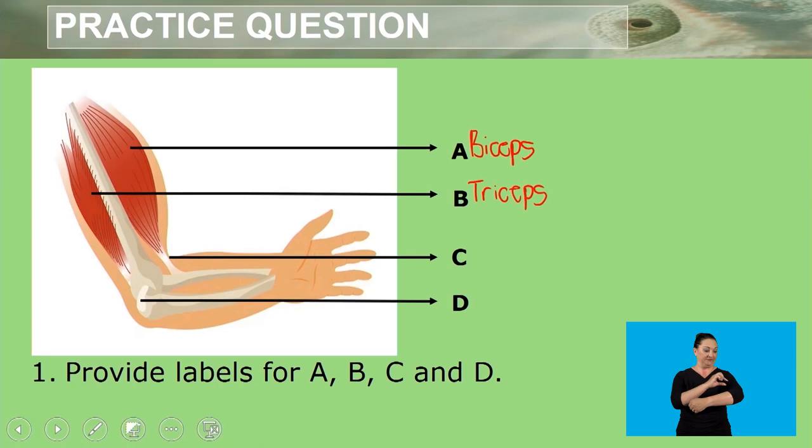C is a cord that connects the muscles to the bone, and that is called a tendon. And then D, we have another cord that connects bone to bone. There we have a ligament.